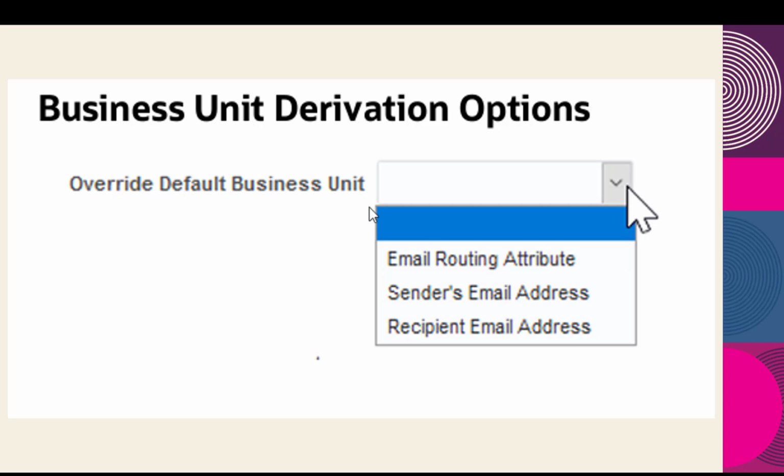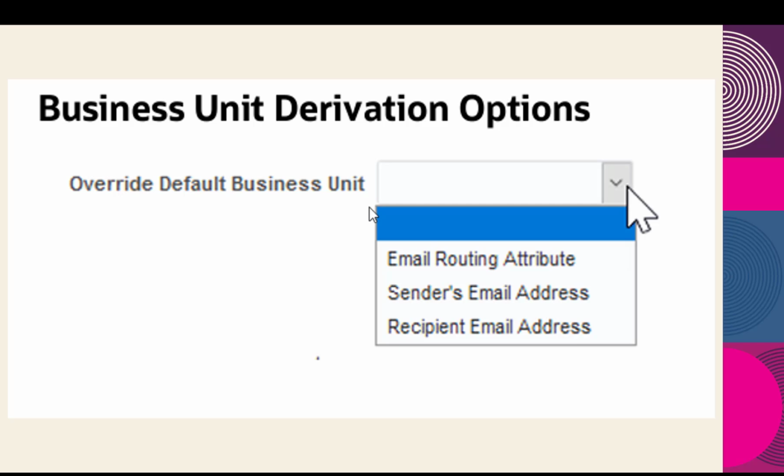So this is the email routing attributes option. Later we will talk about how to map between the email address and the defaulting of the business unit.